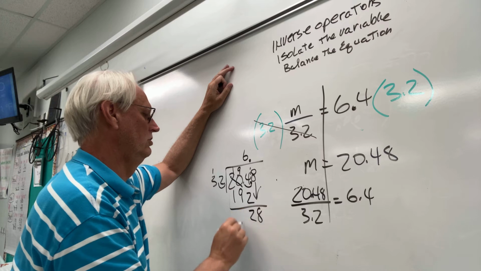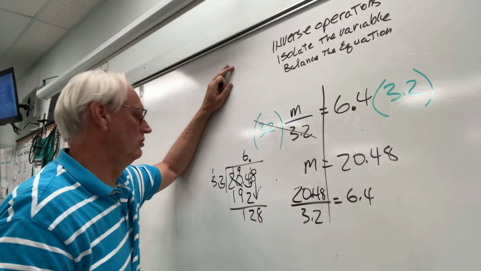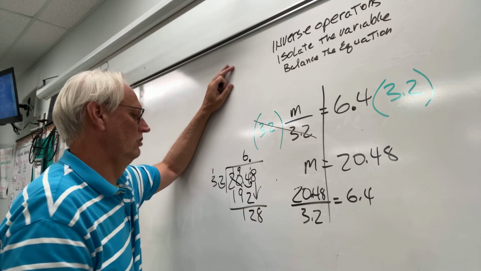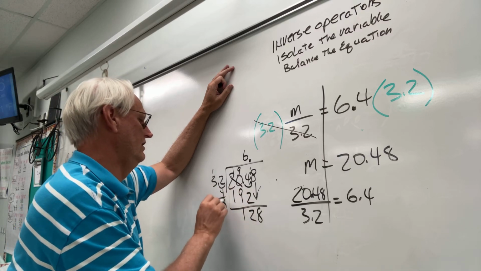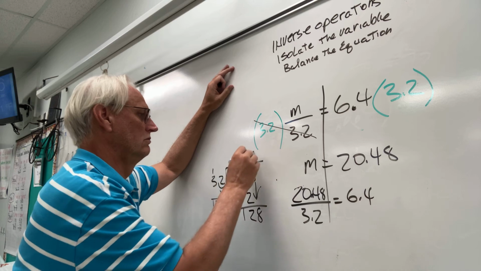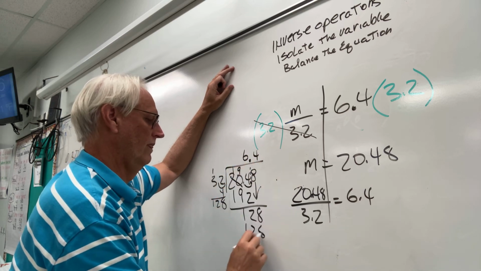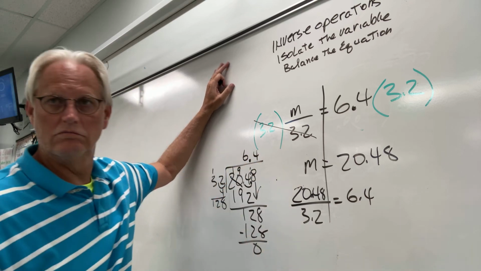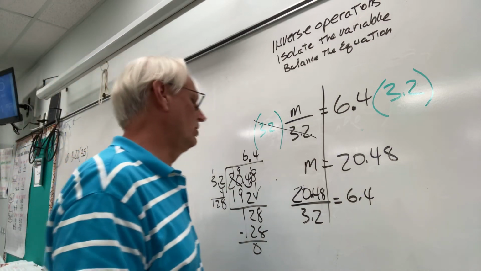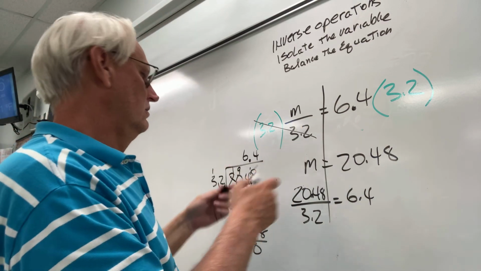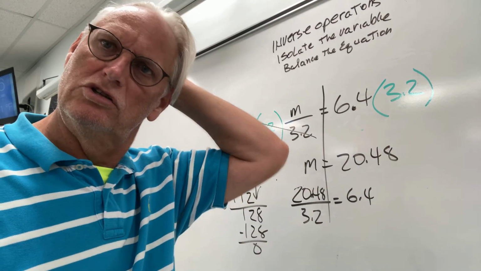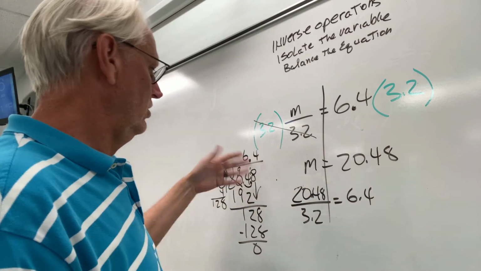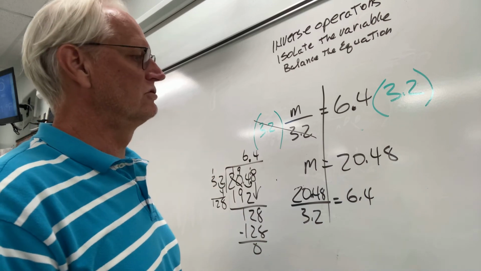So it's going to be a 2 and a 1. 128. So supposedly it's supposed to go in 4 times, so let's do times 4. 8, 28, good. So that comes out exactly correct. So that's why we check our work, because sometimes we can't do the work in our head, and to double check what we've done, we just plug it back in and work it backwards.